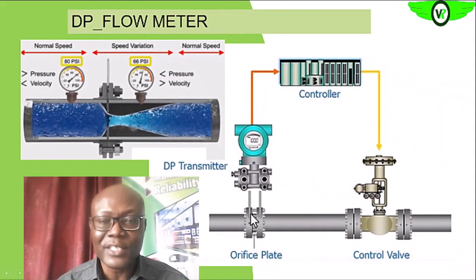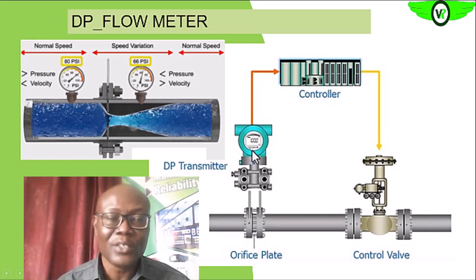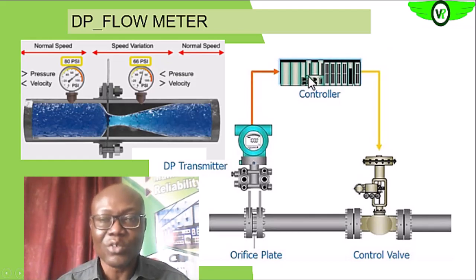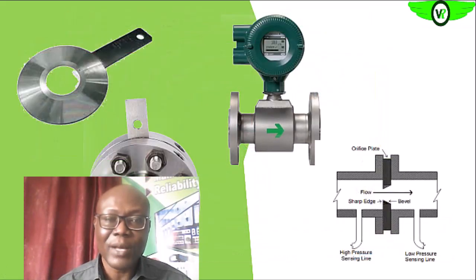That differential pressure could be sent to a DP transmitter. In the DP transmitter, you see that the differential pressure is converted to a current signal, amplified, and then sent to your controller, where we can effect control to either increase or reduce the flow rate on our pipeline system.